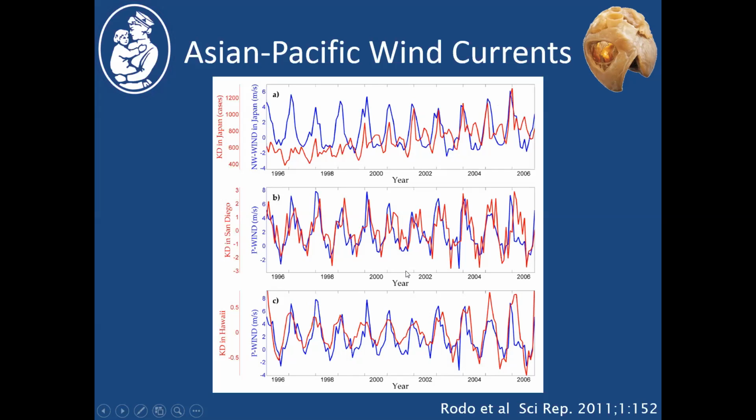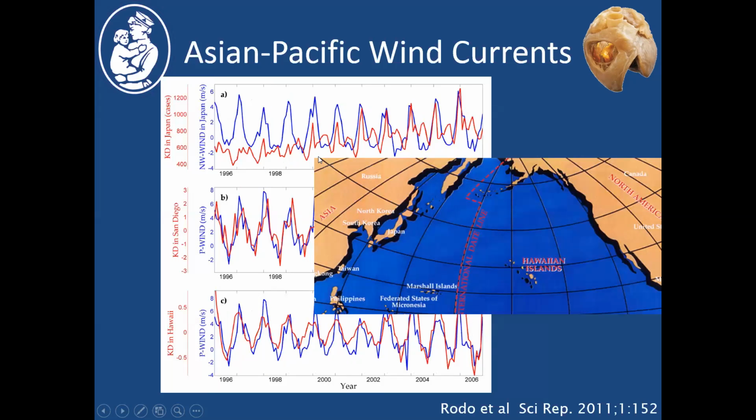Here, this is in Japan, this is in San Diego, and this is in Hawaii. And if we look at the map, you can see how these wind currents that would come across Asia and then across Japan, the Hawaiian Islands out here, and then to the southern part of California here.